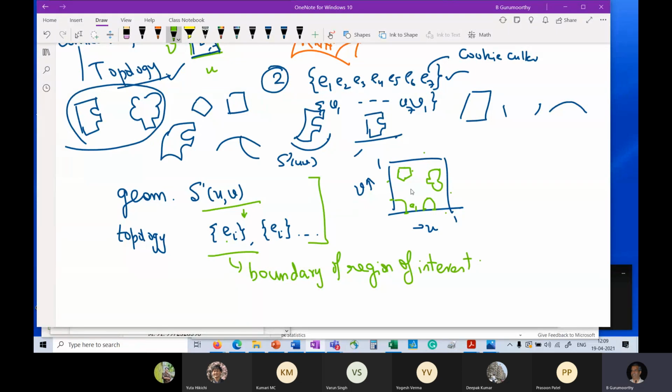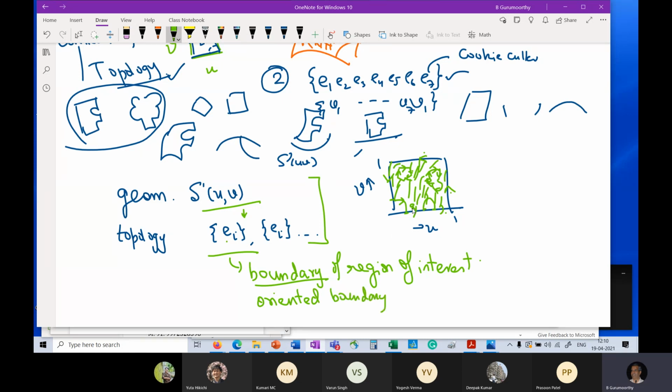The region of interest to you is this entire hatched portion, and in some sense I'm interested in capturing all the points, but it turns out that all I need to do is represent the boundary of this region, and that's good enough for my representation. And it is not just the boundary, it is an oriented boundary.